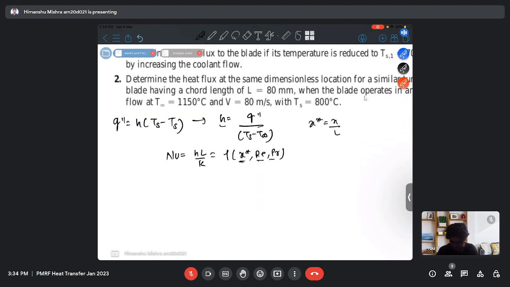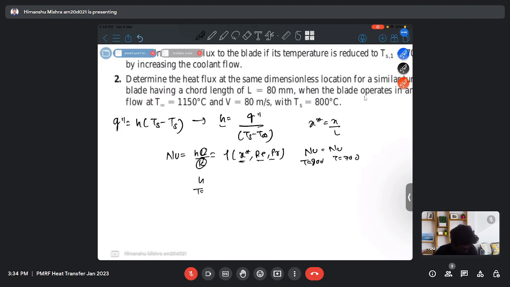Therefore, my Nusselt number remains the same. So for both cases, my Nusselt number remains the same, and there is no change in the geometric property and the fluid property. My heat transfer coefficient will be same as well.